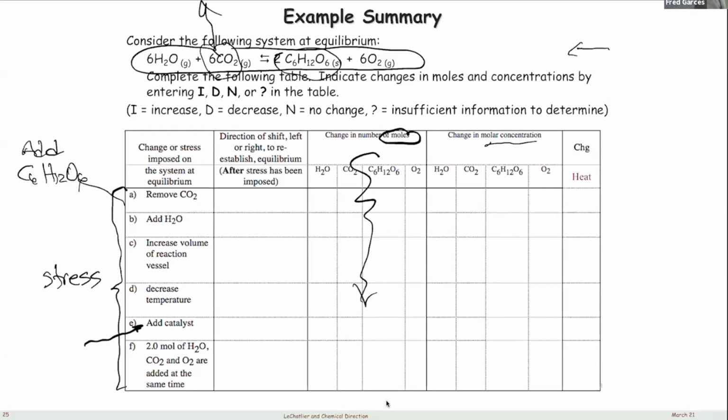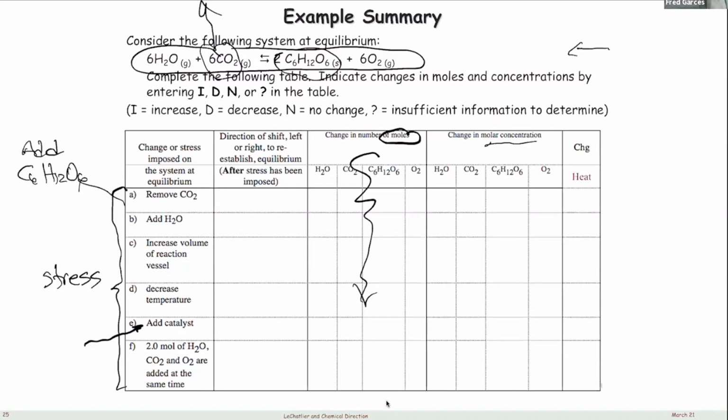If it's not shifting the reaction, the moles are not going to change either. It's only when the reaction shifts, because of LeChatelier's principle, that the moles increase or decrease. But in this particular case, because glucose is a solid, it's not going to sway the reaction left or right. So everything sort of stays constant.